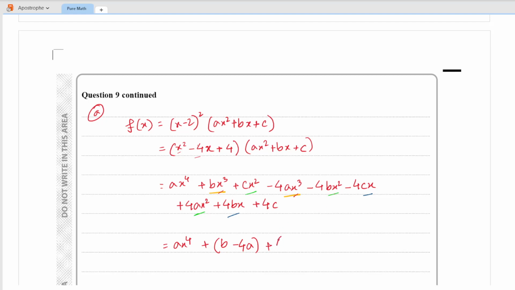I'm writing the positive terms first so it looks nice. Positive 4a, we left c there, c minus 4b plus 4a, then x, so 4b first, 4b minus 4c, and then the constant 4c.